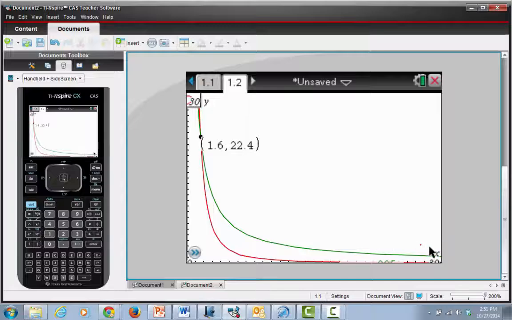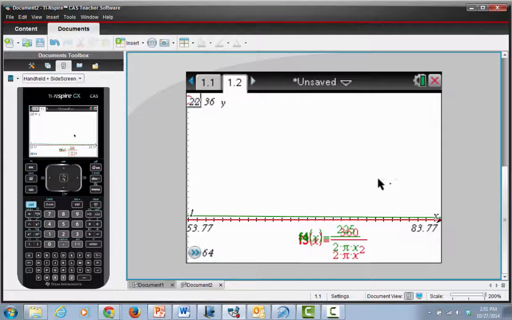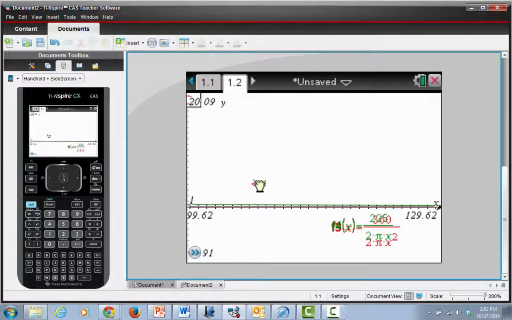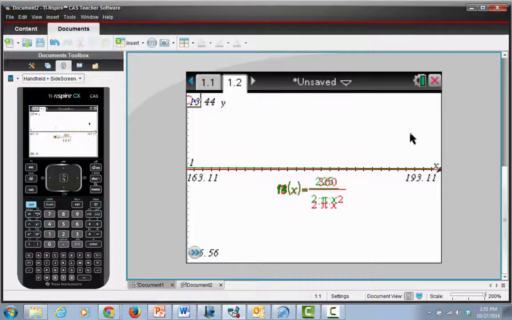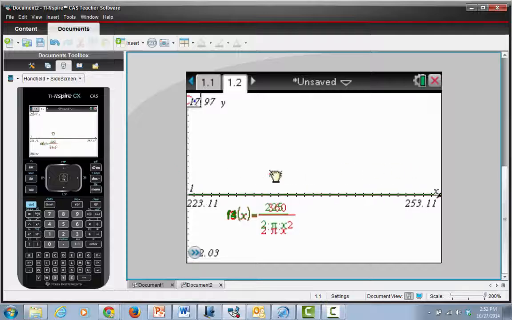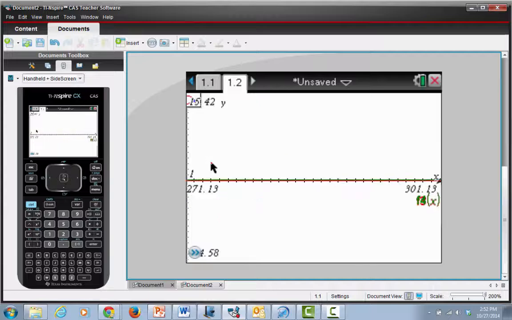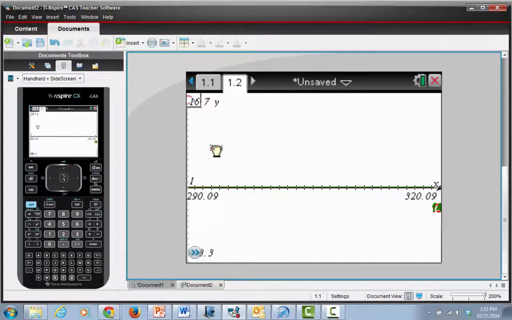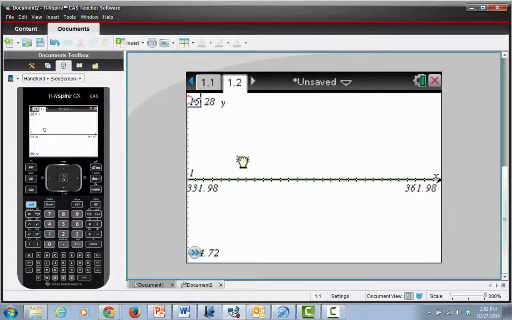All right? And I can go out further and find out what my y value is, or my other point, which is way out here, which doesn't even seem like it's a feasible number. Are we almost there? Did I pass it? Where is it? Okay, we know that the maximum, what's the maximum volume on this? 360.